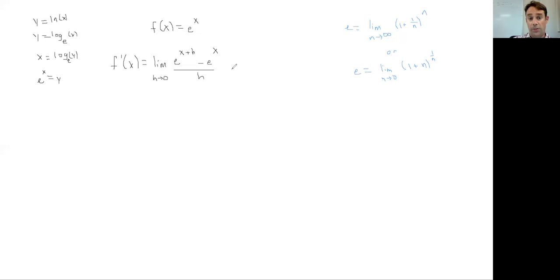Now, if I'm looking at this, I notice that this e to the x plus h, I can rewrite that. So as h approaches 0, we have e to the x times e to the h minus e to the x, all over h.